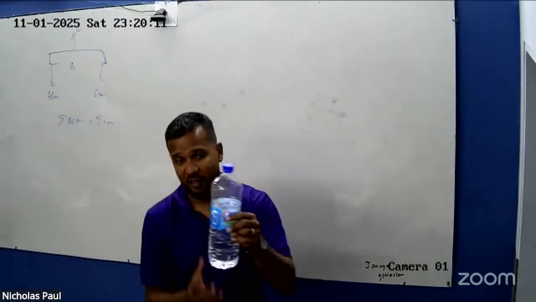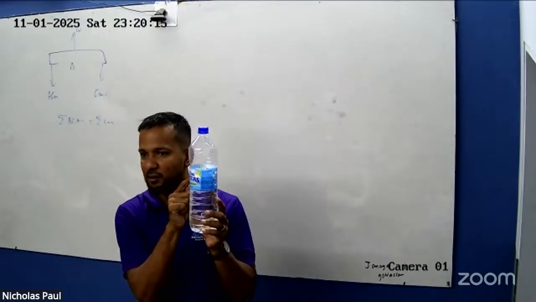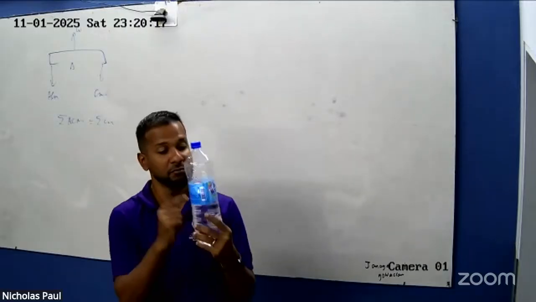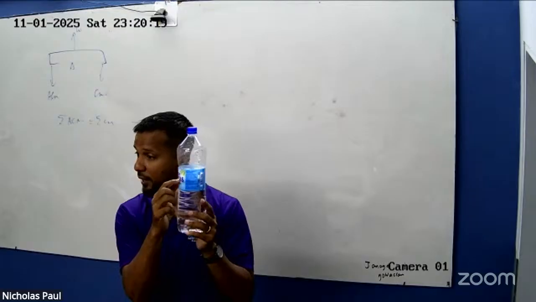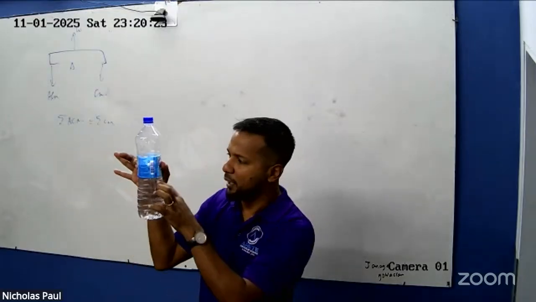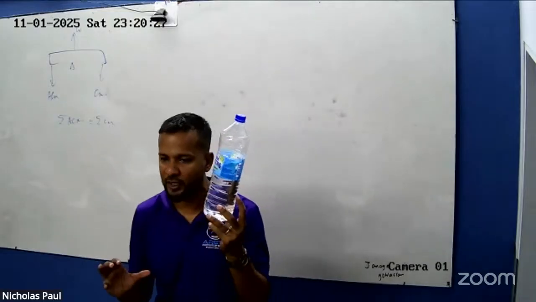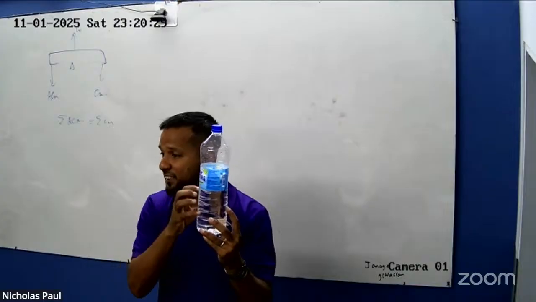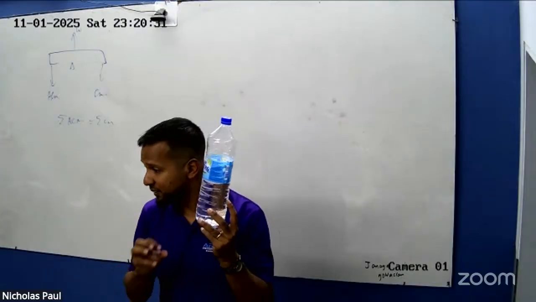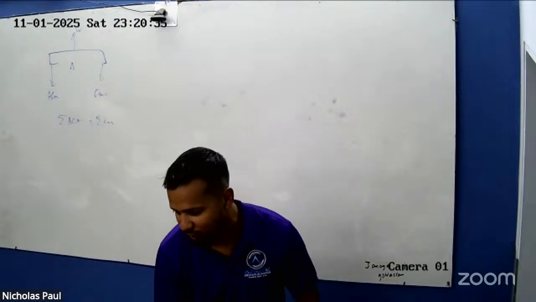If it were full, you might say the center of gravity is in the middle, but it's not full, it's somewhere around here. So the center of gravity for something like this might be a little bit lower. Based on the shape of the object and where the mass is distributed, that's where your center of gravity is.